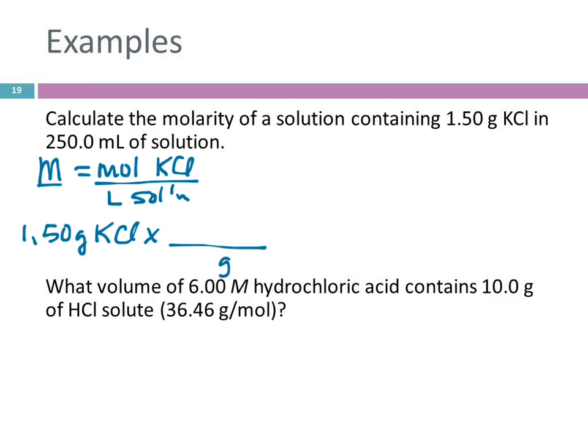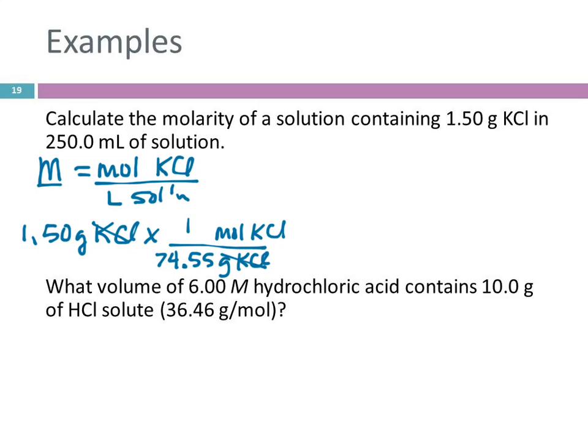So I want grams of KCl in the bottom and moles of KCl on the top. The relationship between grams and moles comes from the formula and the periodic table. So potassium 39.10, and I'm going to add the mass of chlorine 35.45, 74.55. That tells me 1 mole of KCl weighs 74.55 grams.